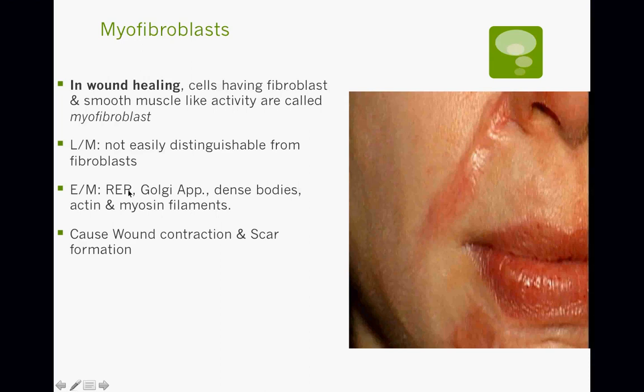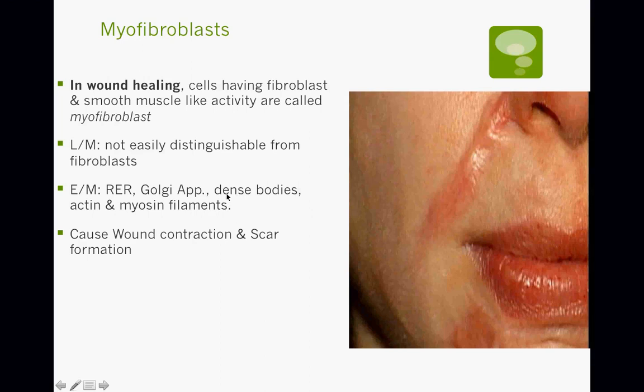And of course, there will be rough endoplasmic reticulum, since it is helping in repair. The Golgi complex will be there. But the very important component, since it has a muscular, contractile activity, and wound healing needs contraction, is that what else should be present in the cytoplasm is actin and myosin filaments.